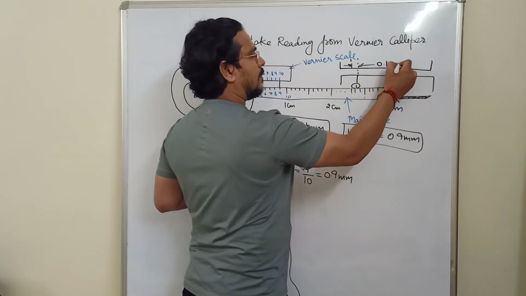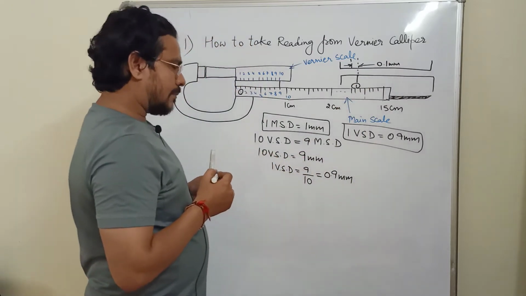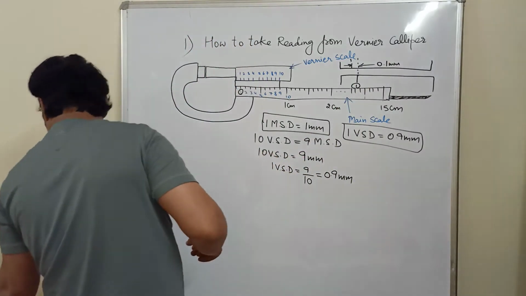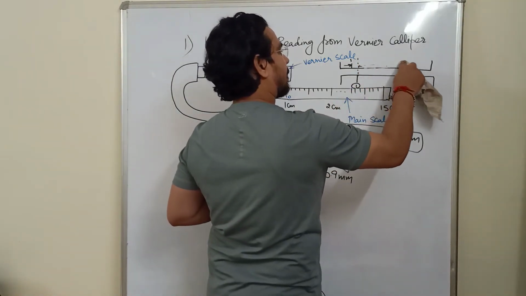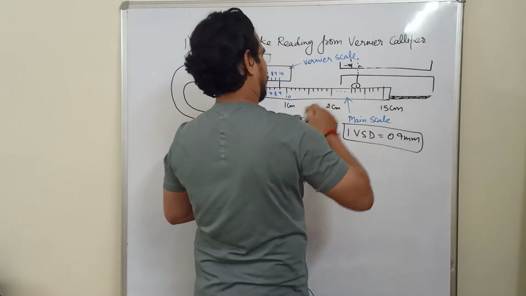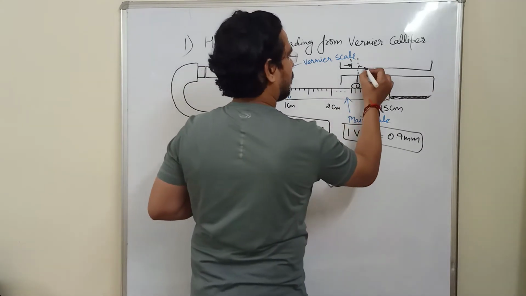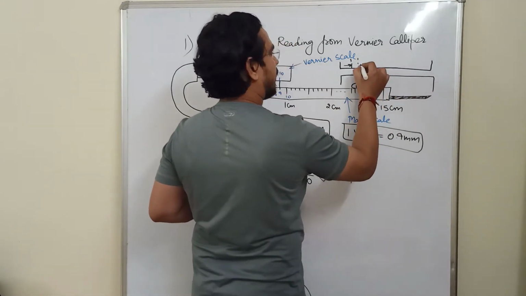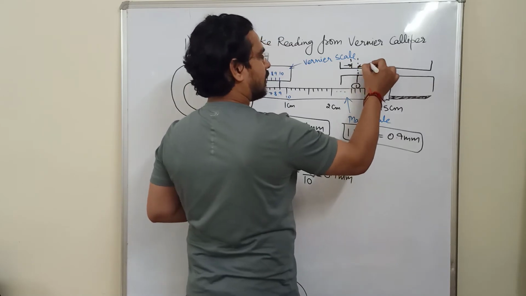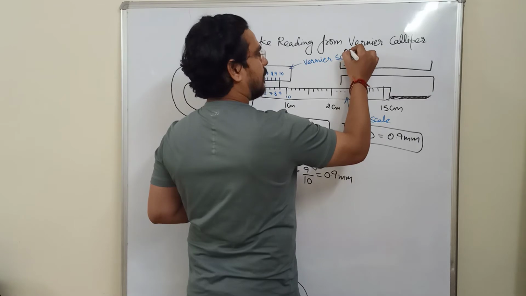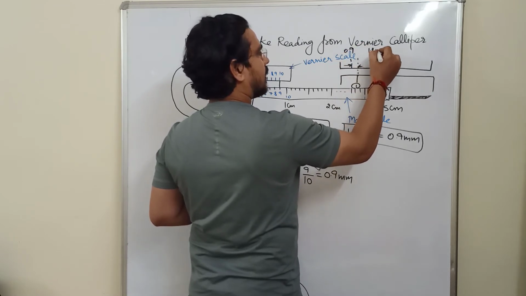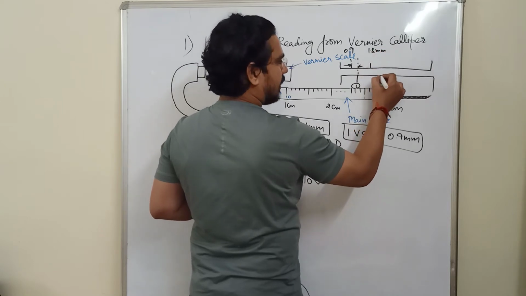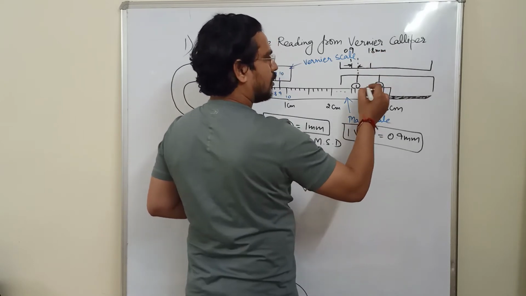0.1 mm. In the same manner, if you move on to the next division, you can easily estimate the second division of vernier caliper will be at a distance of, first will be at 0.9 mm and second will be at 1.8 mm, while the second division of main scale will be at 2 mm.